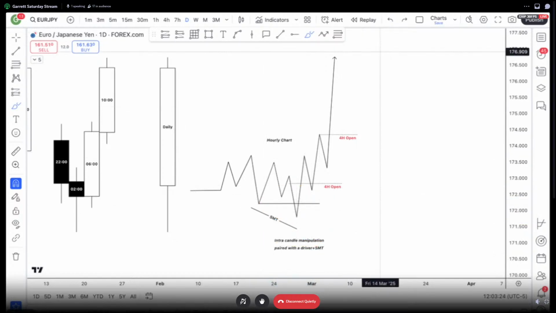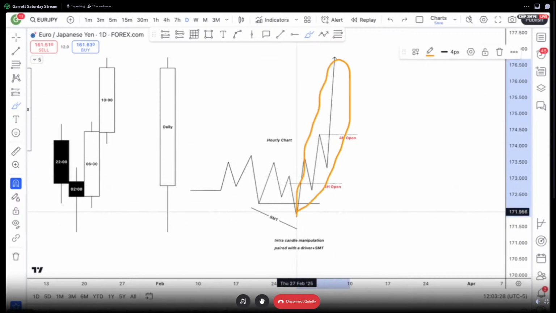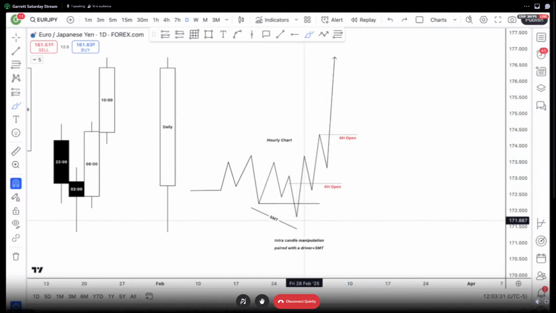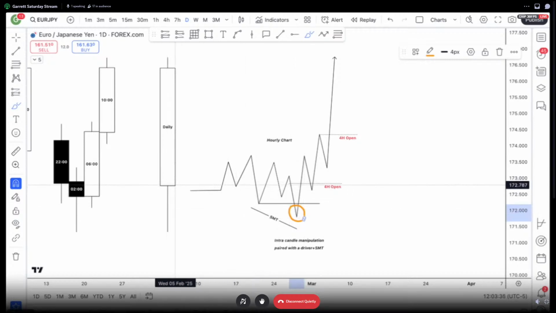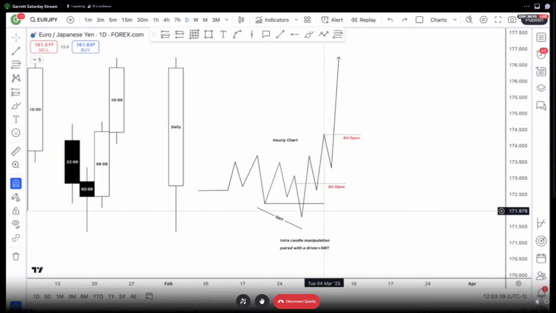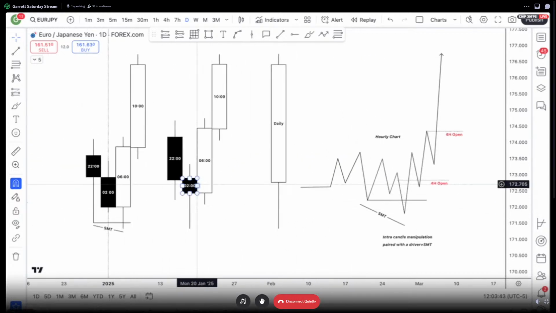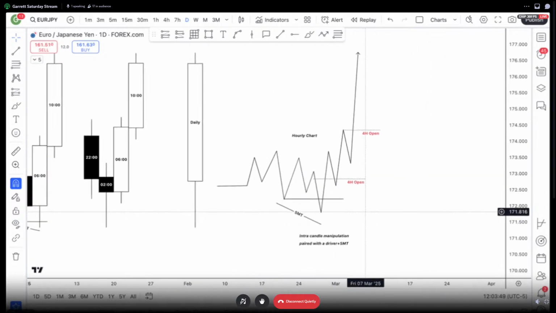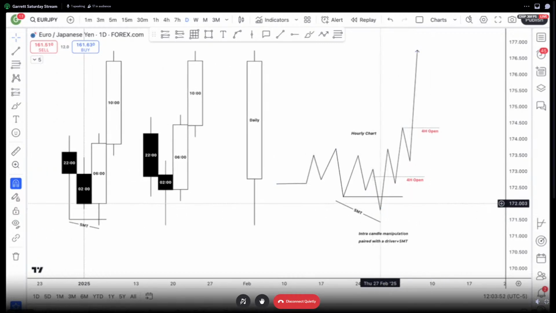Because at this point, I can assume that expansion will occur after manipulation, because that's what happens after manipulation, right? Now I have a protected swing internally to this candle. So every single time that we form this profile, we are always going to have a 4-hour model, because a 4-hour candle has to create the low of the day every single day. So this is what I look to trade.